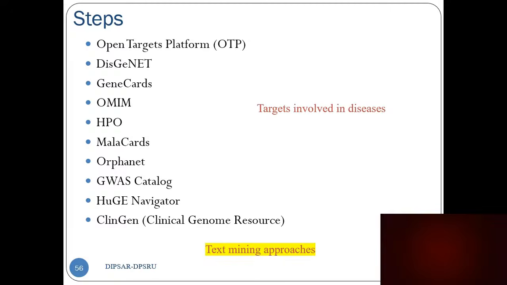So our approach is, we don't want to miss any target. For example, one target is available in DisGeNET but not in Open Targets Platform. If you created your network using only the DisGeNET data, you would miss that target which is available in the other database. Are you getting my point?